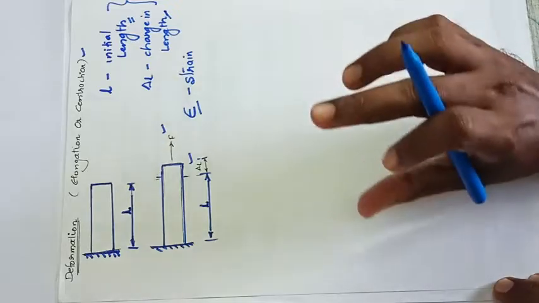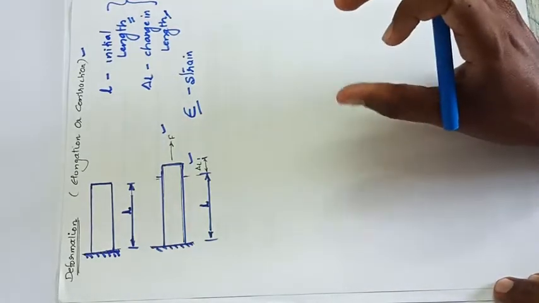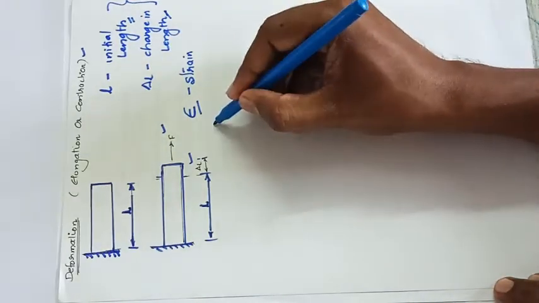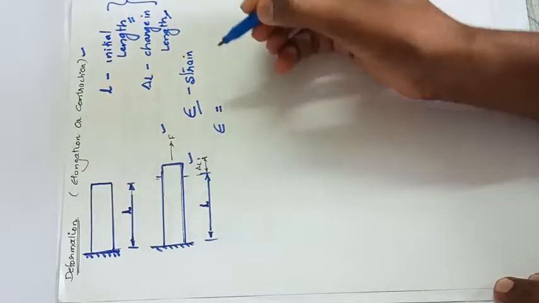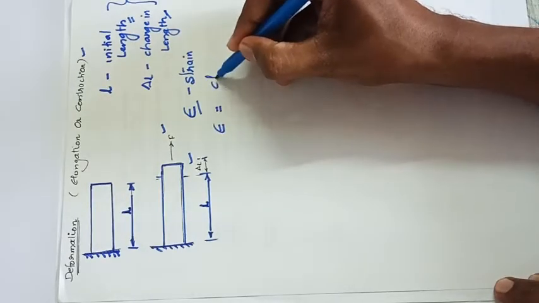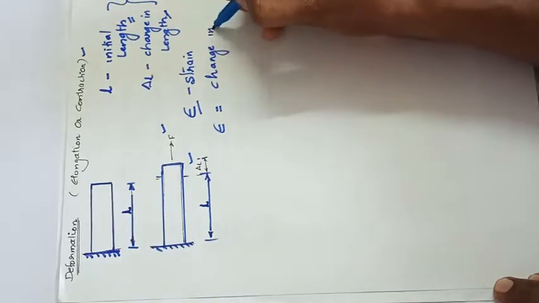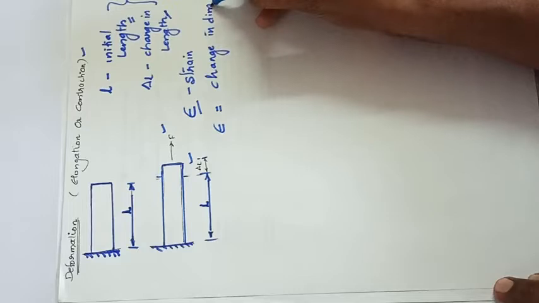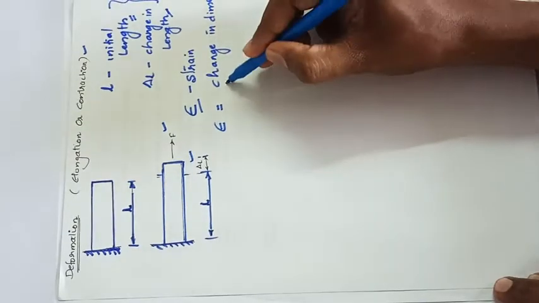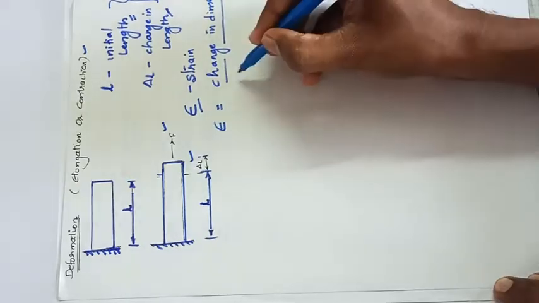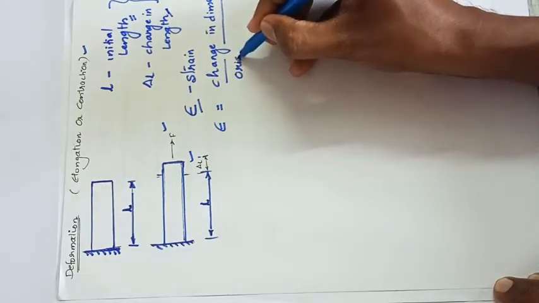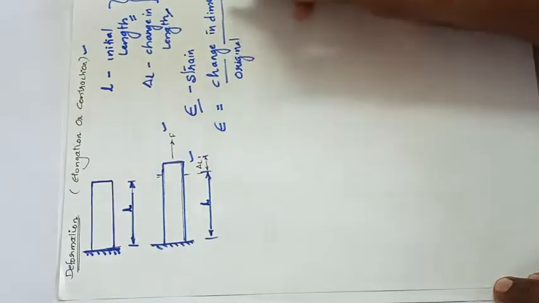The general definition is: strain is the ratio of change in dimensions to the original dimensions, or you can call them actual dimensions.